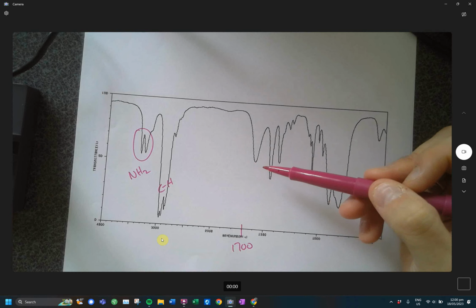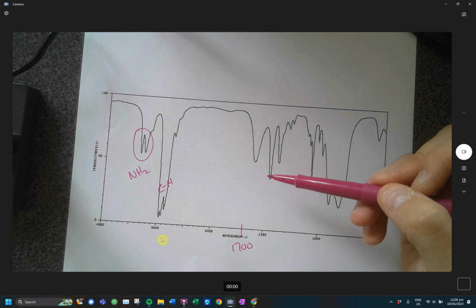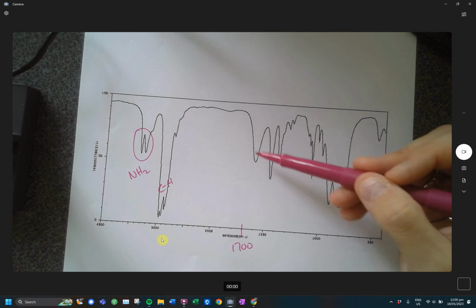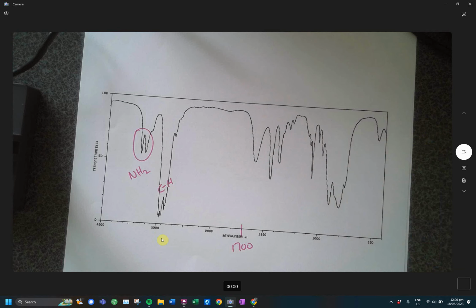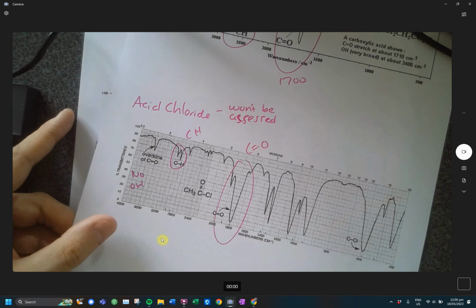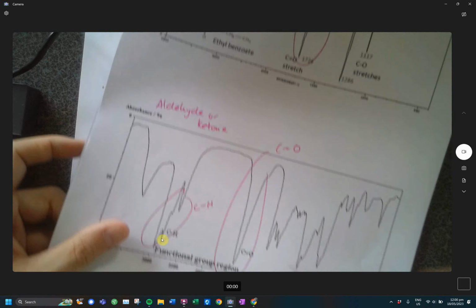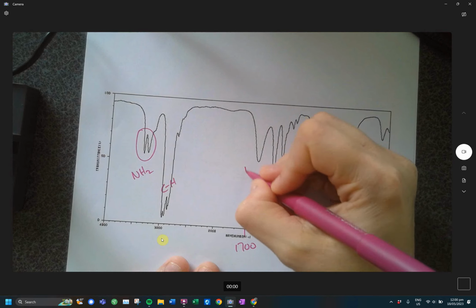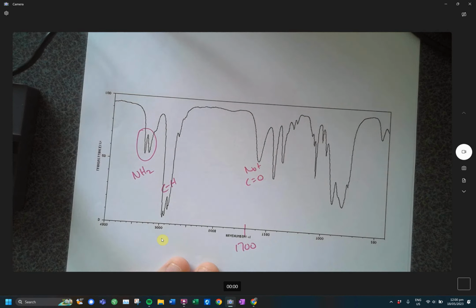No. This is one I purposely stick in because it is tricky. It looks like there's a trough there, but when you look at the other carbonyls, you notice how big that absorption is. It's basically almost at 100%. That one is nowhere near that. So this one's not a C double bond O. So what functional group would have that?